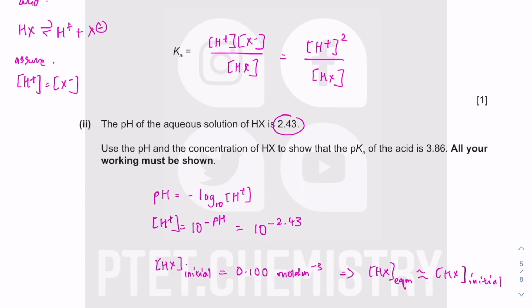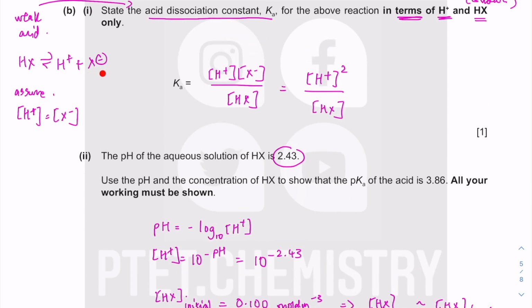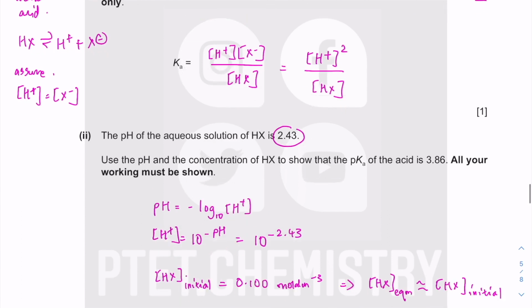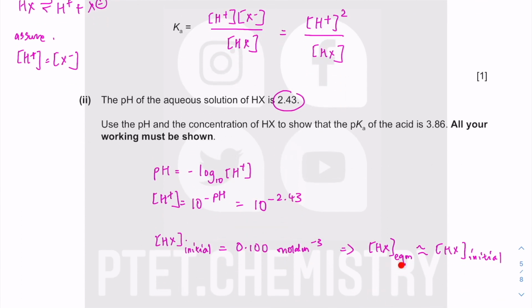However, because it is a weak acid, very little of HX dissociates, so the equilibrium concentration is roughly equal to the initial concentration as given, as we were asked to work out earlier in the question. I'll leave that exact, 10 to the power minus 2.43, as I'll use it in the later part of the calculation. You need to show the pKa of the acid is 3.86.